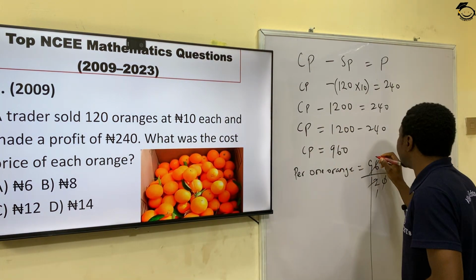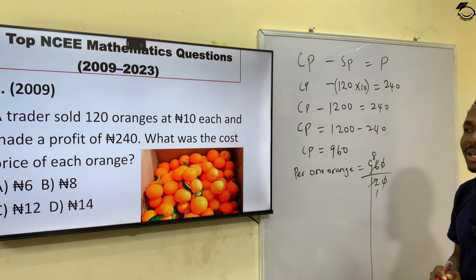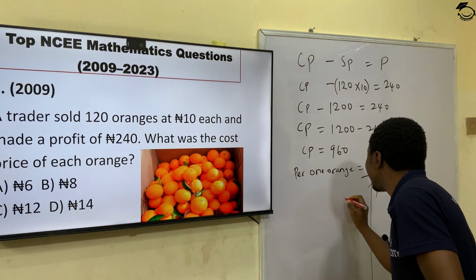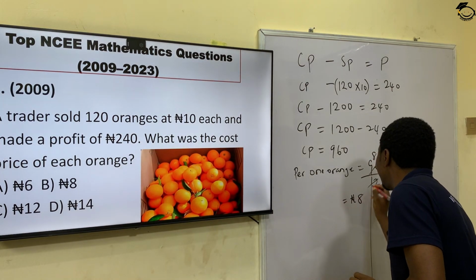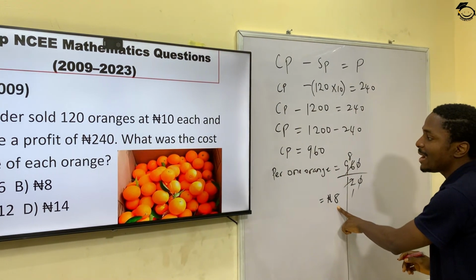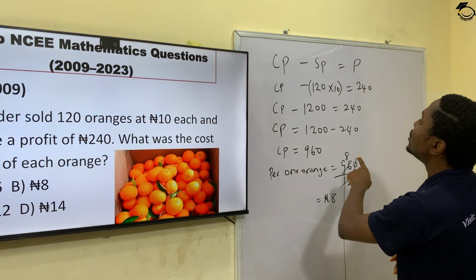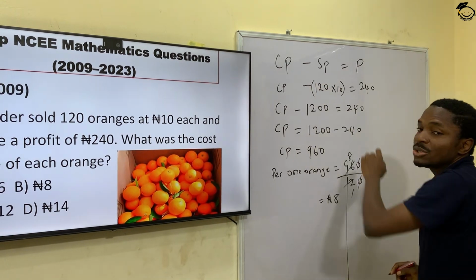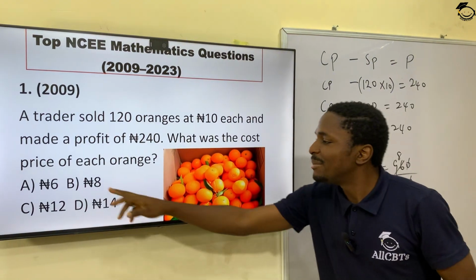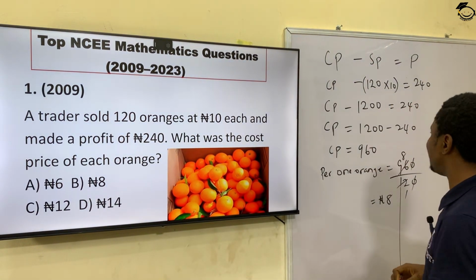That should be around 8. Okay. So the price per orange is what? 8 naira. So he bought the orange at 8 naira and sold it at how much? Selling price of 12 naira. Okay, good. So B is the correct option.